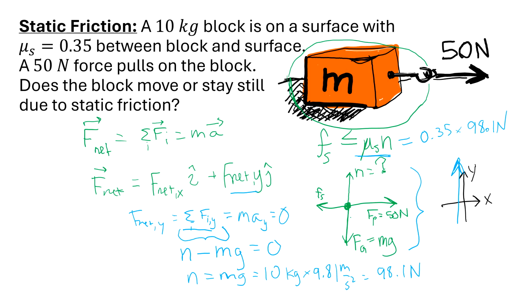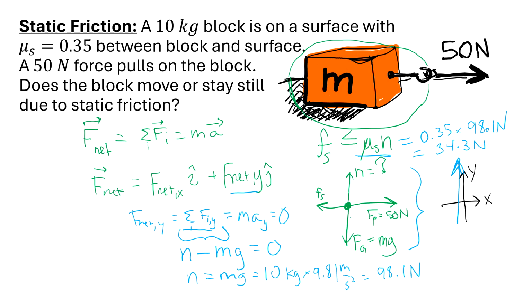If you multiply those together, you get 34.3 newtons. The maximum friction possible is 34.3 newtons, which is weaker than the rightwards pull of the 50 newtons.